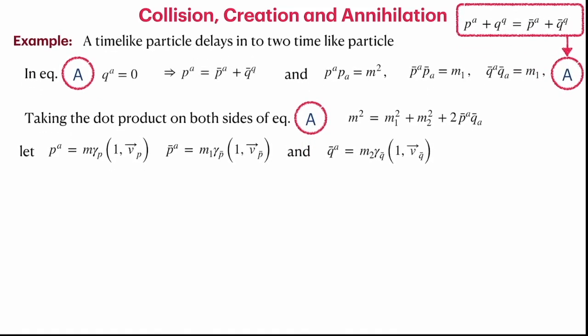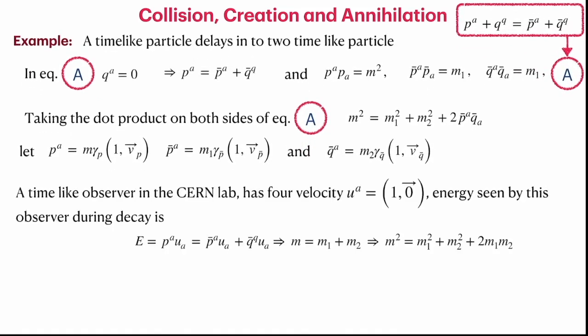Now we do a simple calculation, and we get that if the observer is at rest in the lab, then the energy of the various particles or the event as seen by this observer who is at rest in the lab is given by E is equal to P A dot U A, that is also equal to P bar A dot U A plus Q bar A dot U A, and that is equal to m is equal to m1 plus m2.